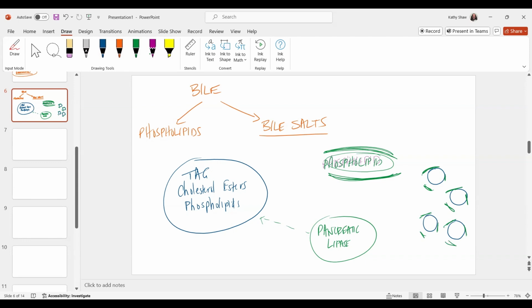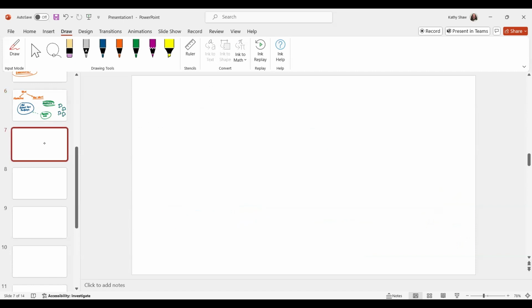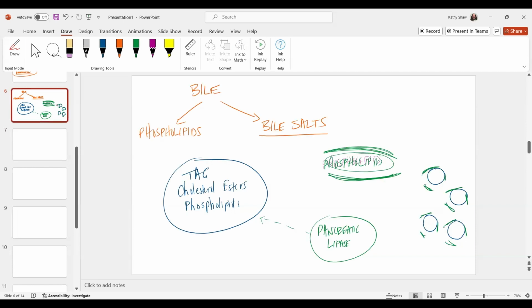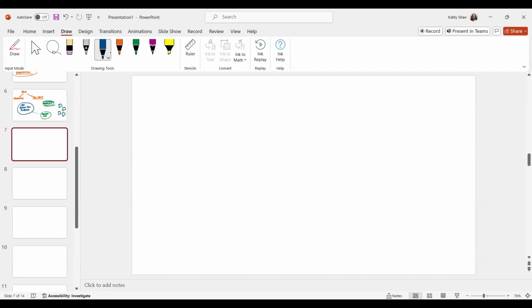So now I've got my smaller droplets. So we're making progress. What color did I use? Blue droplets with green phospholipids. Now the bile salts are going to come in. So the bile salts have the hydrophilic, hydrophobic part.